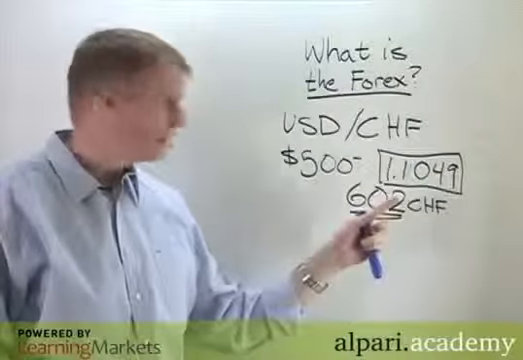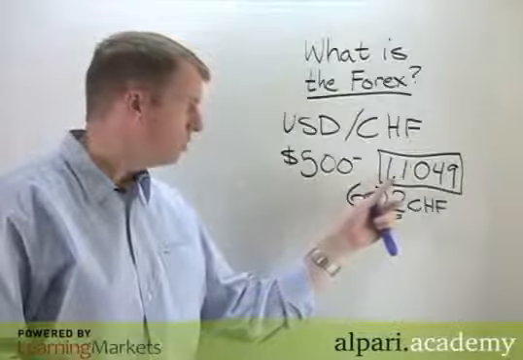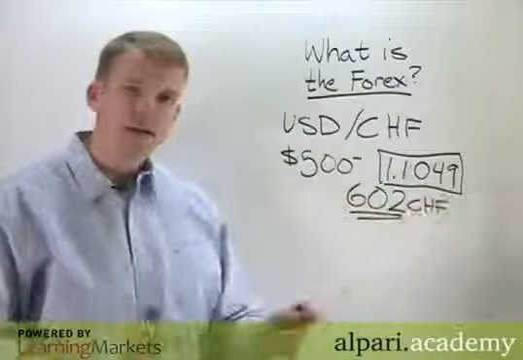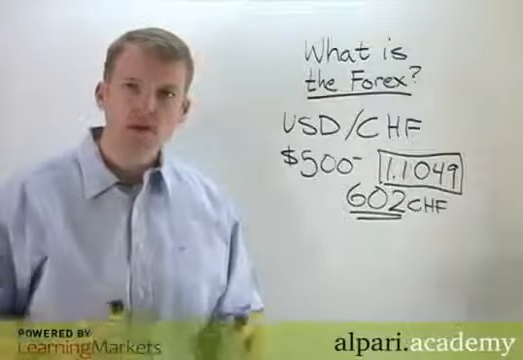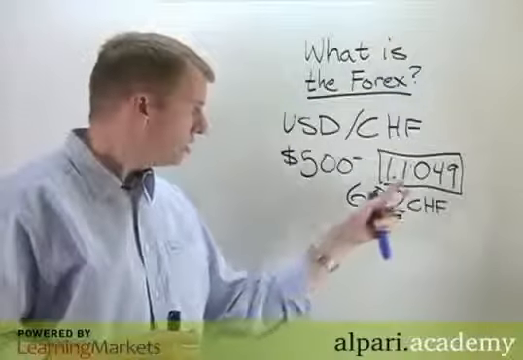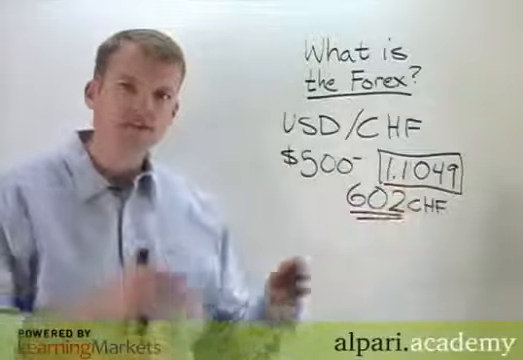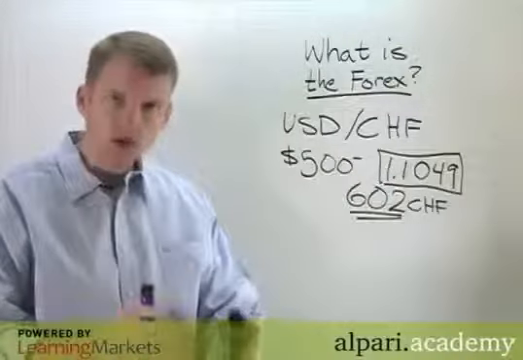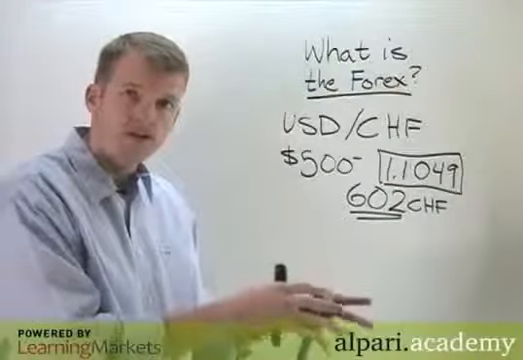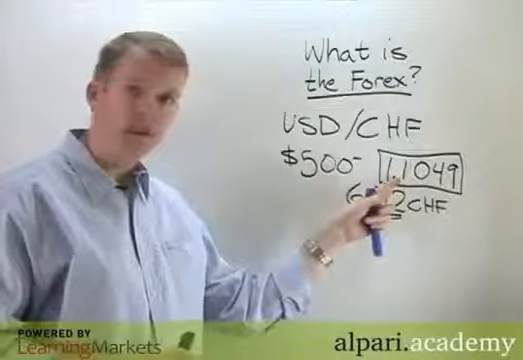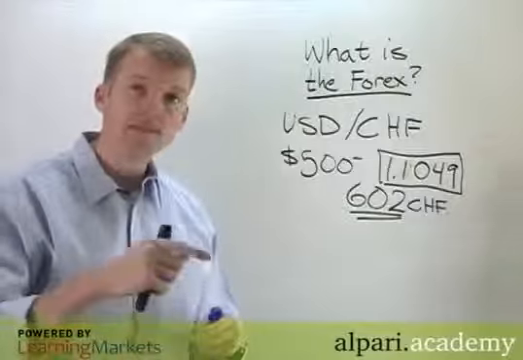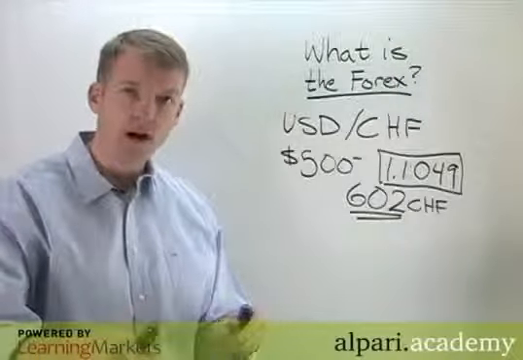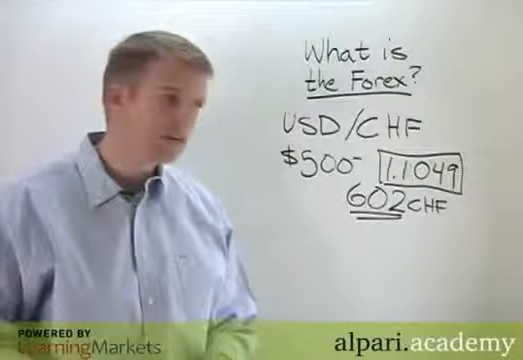Well, if we assume that our exchange rate has changed to 1.1049, then our conversion back into dollars is going to be a little bit different. But what's happened here? Well, essentially what's occurred is that the franc has gotten stronger compared to the dollar. It takes fewer francs right now to buy a dollar, or in other words, it takes more dollars to buy the same number of francs we used to be able to buy at the beginning of the summer or the beginning of our vacation.